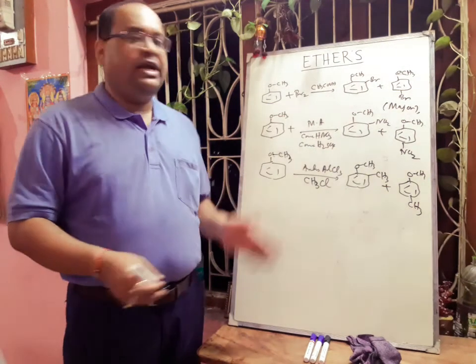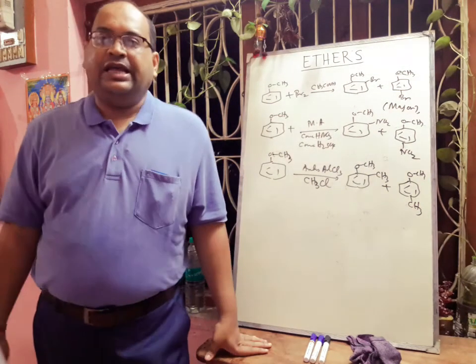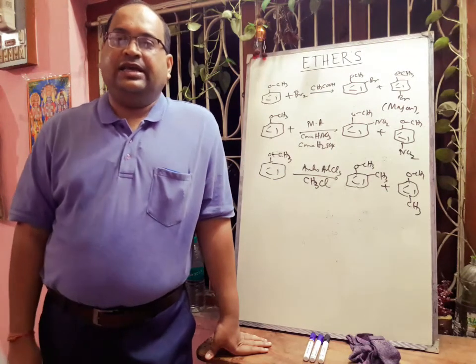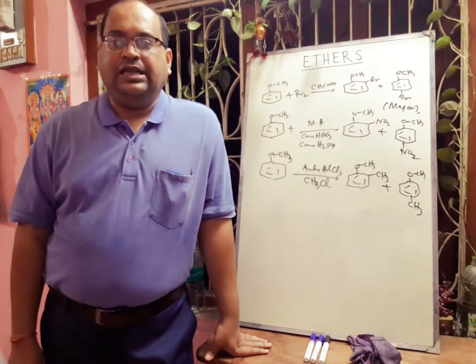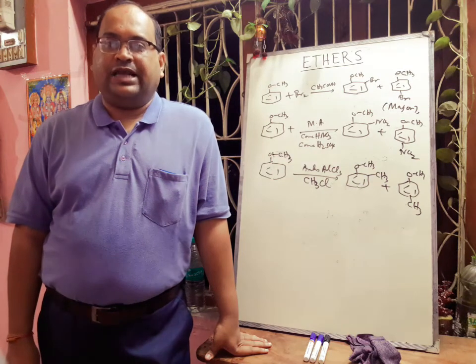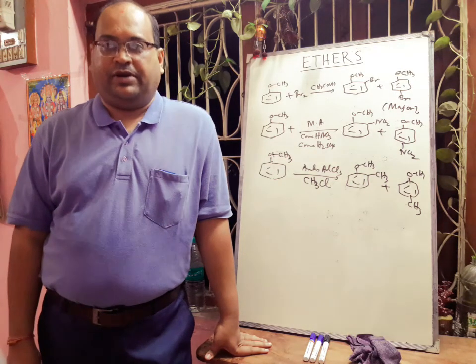And in the same way we can do acylation. If we take acetyl chloride in presence of anhydrous AlCl3, there will be ortho acylation of this anisole, and para will be the major product.